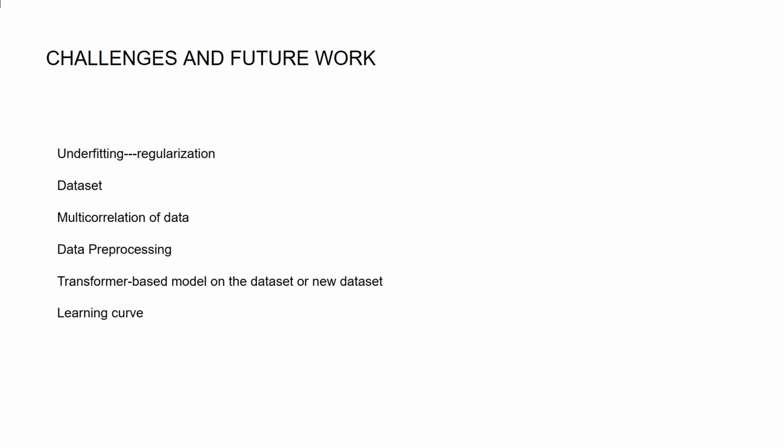Most of the training data were values from summer and spring, while validation was for fall and winter, which had literally no value used for testing. So we're looking at getting more data sets, and we also look to explore more data processing, and use better models like transformer-based models on the same data set or on other data sets.